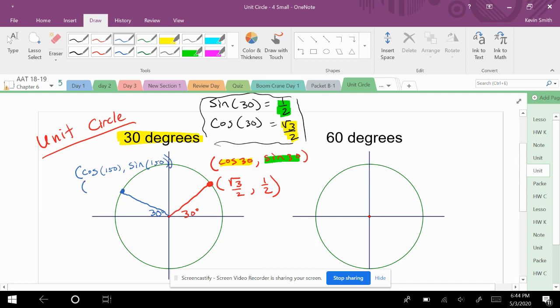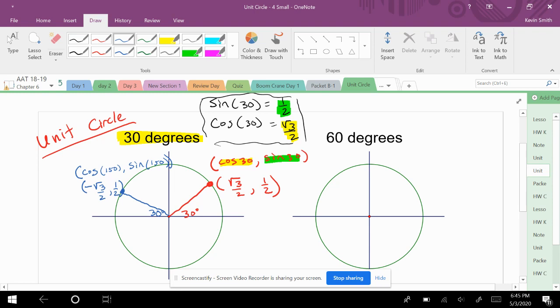What's the cosine of 150? Well, that's root 3/2. However, is cosine going to be positive or negative in quadrant 2? It's going to be negative in quadrant 2. So this would be negative root 3/2, comma, and then sine would still be positive 1/2.